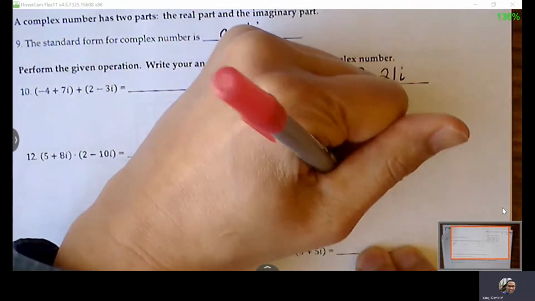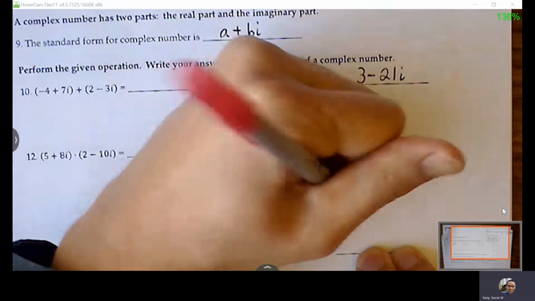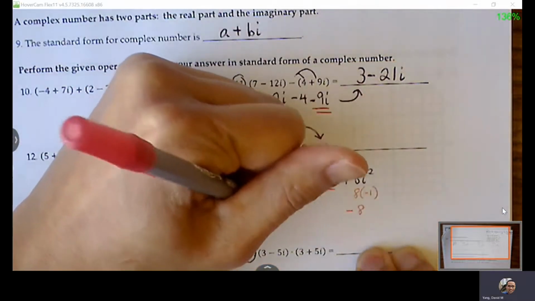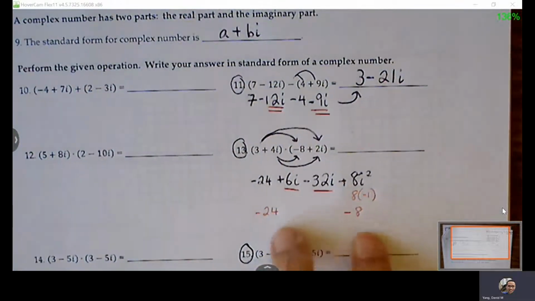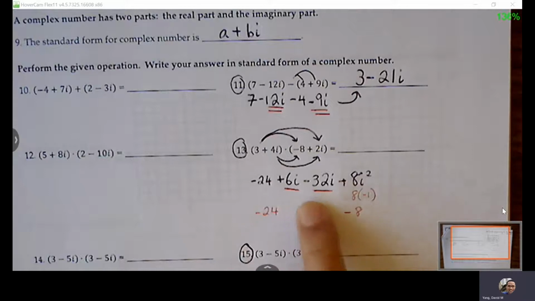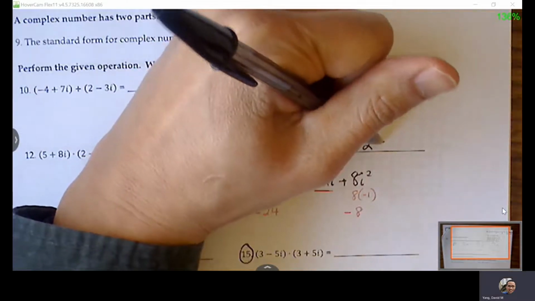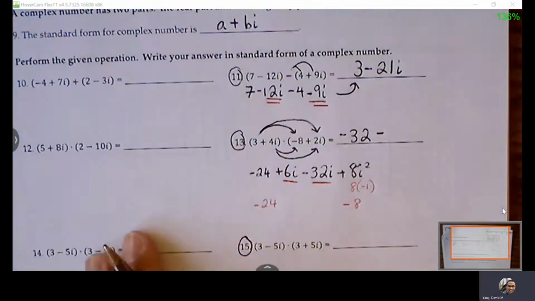I can make this 8 times -1, which is really -8. So now I can merge that -24 and the -8 together, and the i's will stay as i's. So -32. And 6i minus 32i gives us -26i.